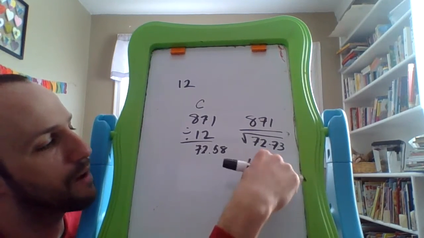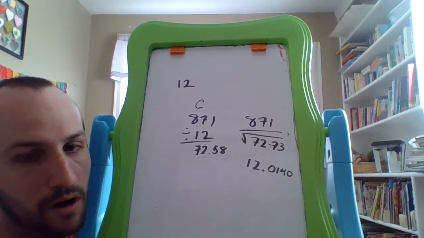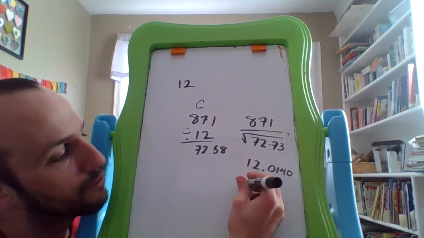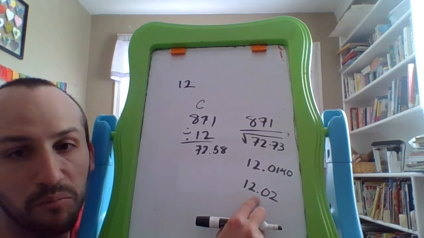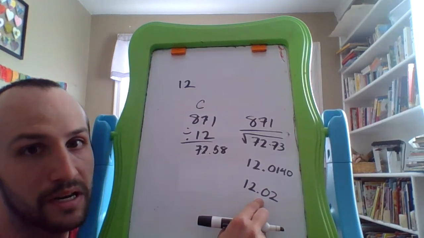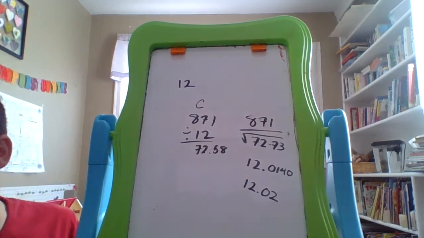I still want a number greater than 12.0140, so a good new divisor to pick would be 12.02. If I pick 12.02, I have a new divisor that I can check to see what I get.